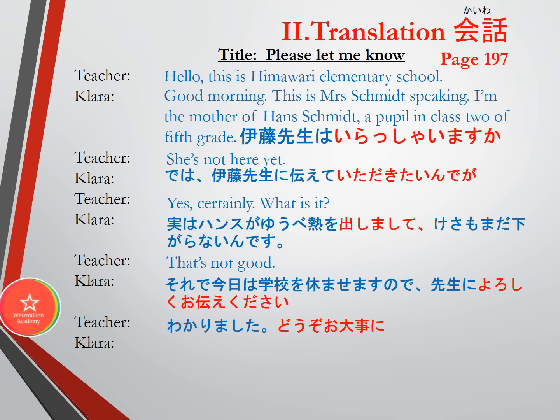And the teacher replied, wakarimashita, dozo odaiji ni. This is also considered polite by inserting dozo. And Clara-san replied, arigatou gozaimasu, shitsurei itashimasu. This is a humble form of shitsurei shimasu.